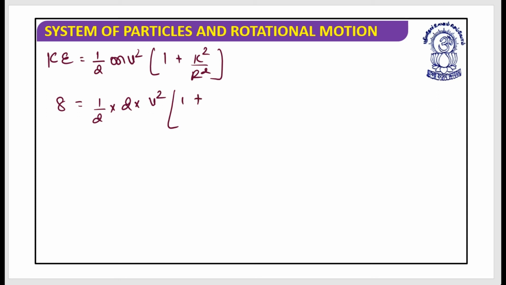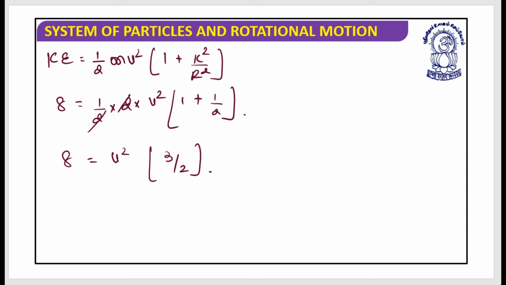It's a thin metal disc, so k square by r square is 1 by 2. So this 2 has gone. This 8 equals v square into bracket 1 plus half, which equals 3 by 2.